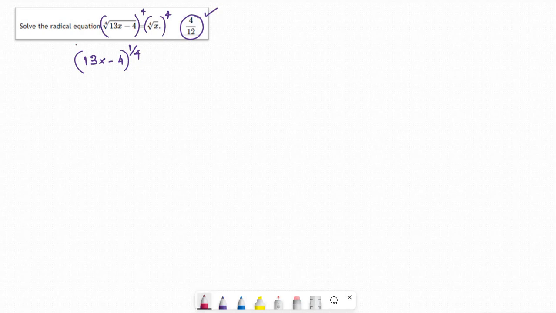And we need to find the fourth power, so it is all to the power 4. And the other one is x to the power 1/4, and we need to find the fourth power on both sides, so it's again 4. By our power rule, a to the power m, all to the power n, is a to the power m times n.